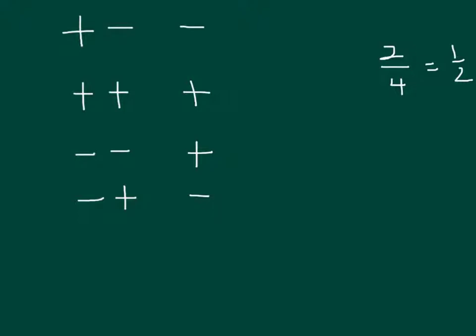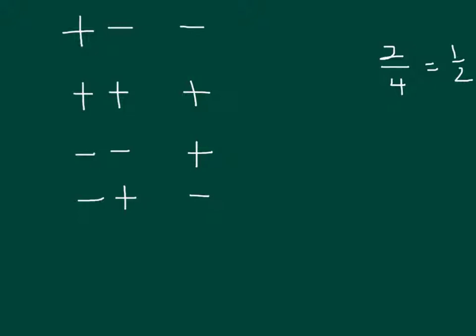In the other circumstances, you had a plus and a plus, and a minus and a minus. When they had the same signs, they ended up being positive. So that's the rule to remember, okay? If you have mixed signs like this, when you're dealing with two signs, you're going to have a minus. If you have the same signs, you're going to have a plus.